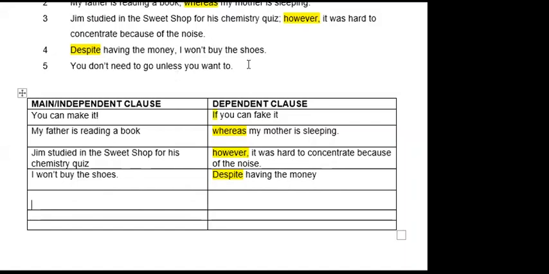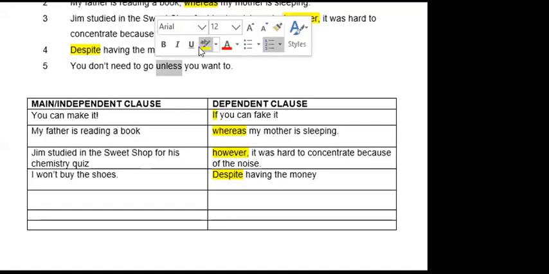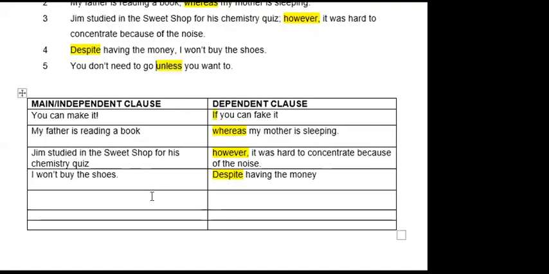Okay, you don't need to go unless you want to. What is the conjunction there? Good, Ma'awiyah, "unless." So here, the conjunction is "unless," right, guys? And the other one is "won't go." Sorry, what's it about?